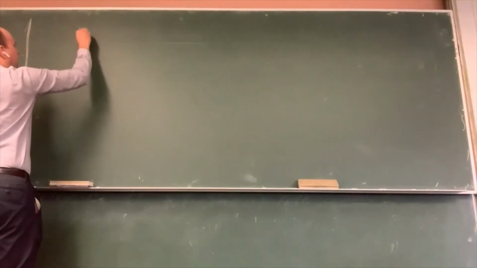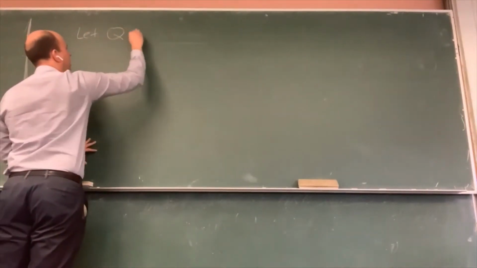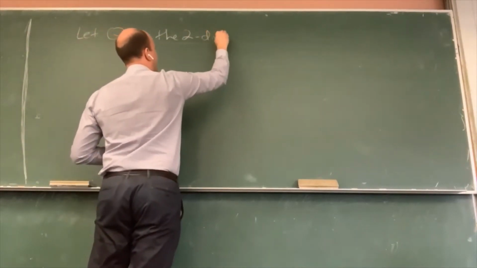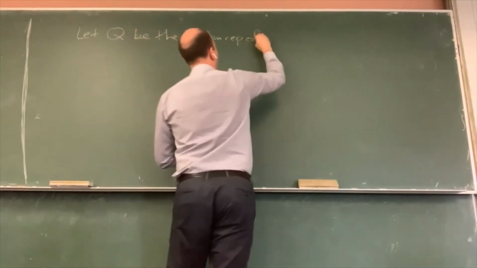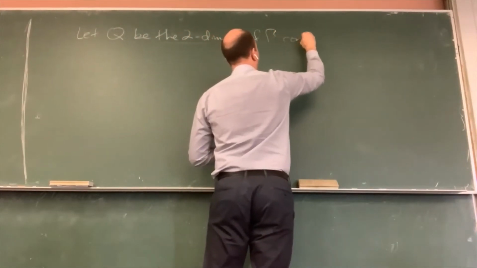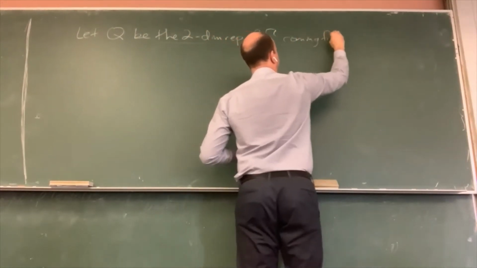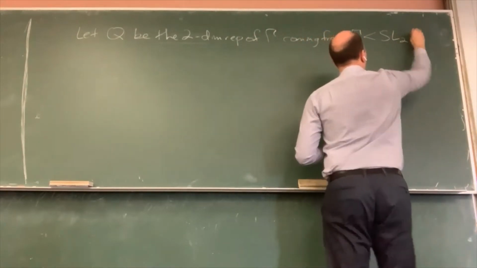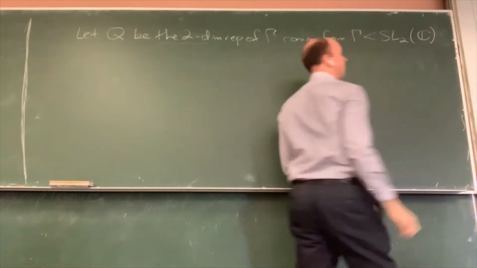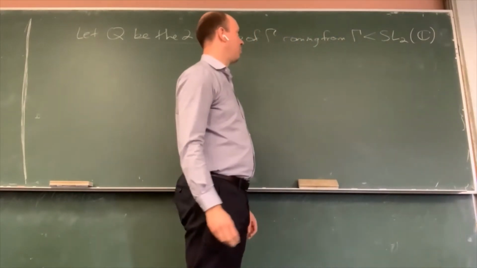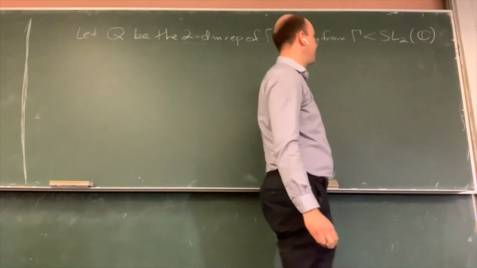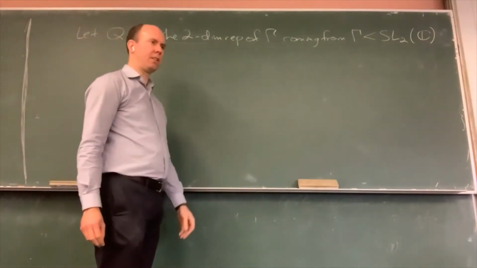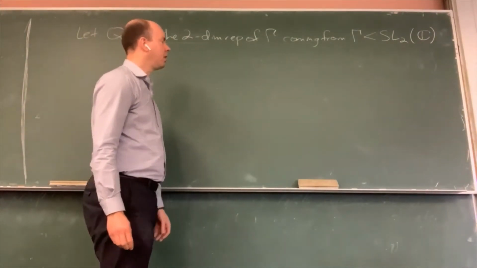So if you let Q be the 2-dimensional representation of gamma coming from the fact that gamma is a subgroup of SL2, so the representation homomorphism is the inclusion of gamma in SL2C. So Q is C2, just regarded as a representation of gamma in this way.